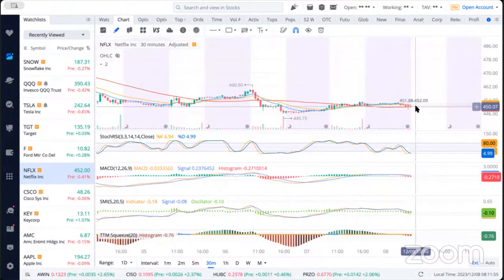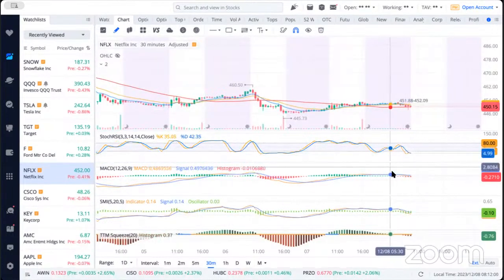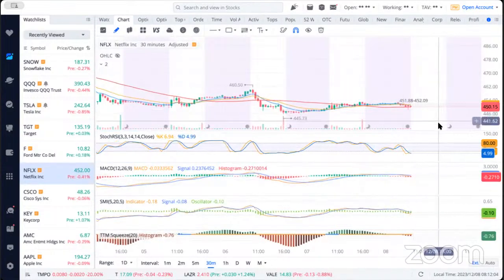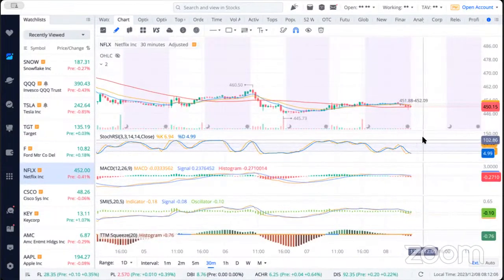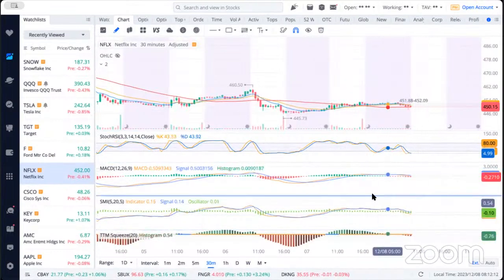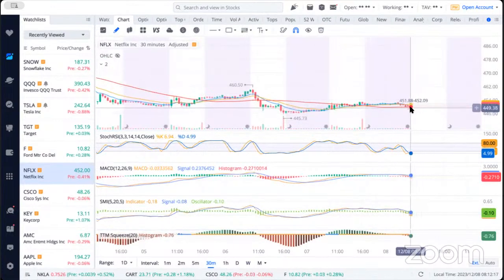We're above our 50. We're at the bottom RSI, but indicators are showing we got some bearish. The only indicator, RSI, is showing us that we're at the bottom, but all the other sub indicators are giving us bearish continuation. So I'd be leery to go long here. You probably can catch a long position at the bell for a little bit of a push.